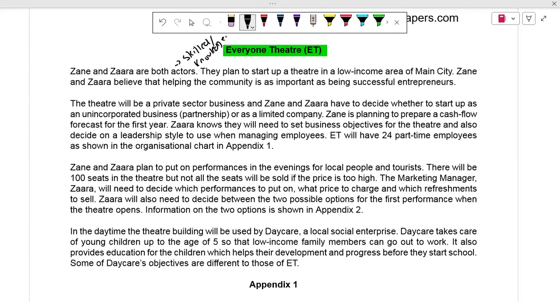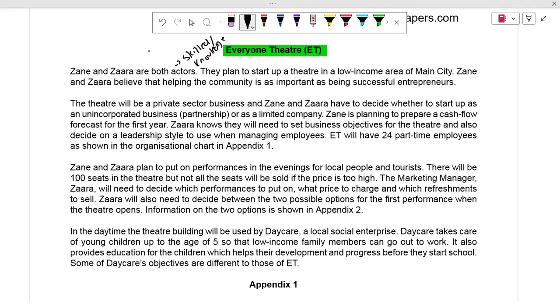We just proceed with reading the case study. So in our first question, we have to discuss the characteristics of a successful entrepreneur. For example, if you are not an actor, but you are going to establish a theater, it would be very difficult for you to manage. It is very difficult to manage your actors, your team workers.